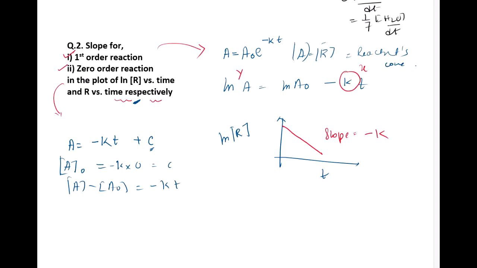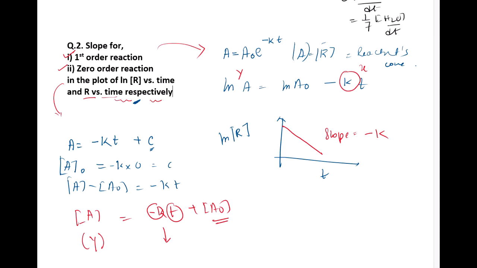For a zero order reaction, the plot is reactant concentration versus time. Taking reactant concentration on the y-axis, we get A equals minus kt plus A0. So A0 will be the intercept, and minus k will be the slope, where t is the time.